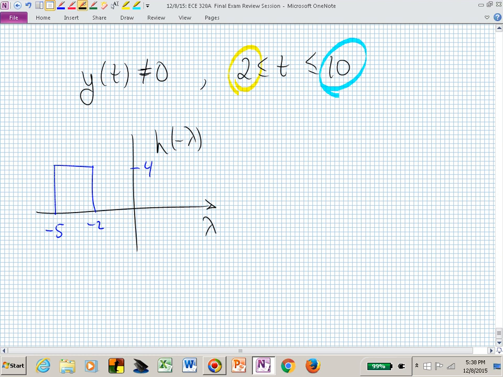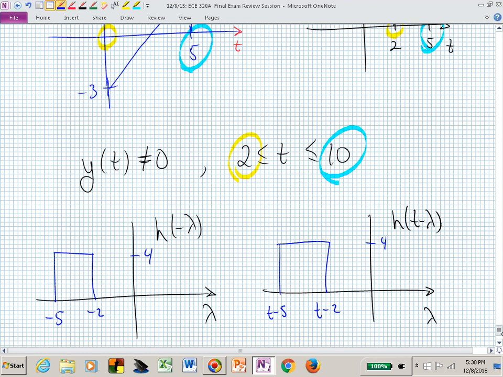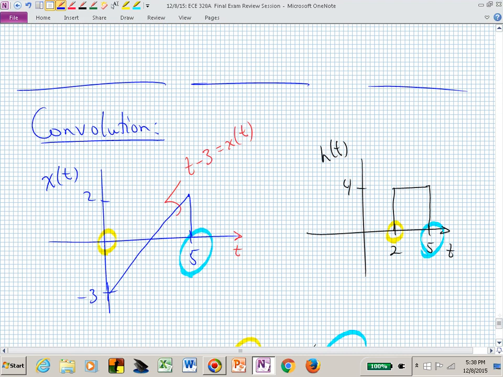If we now want h of t minus lambda, now what do we have? We have the same rectangle, it's just now we have labeled those endpoints slightly differently. Now, when do we have no overlap between h of t minus lambda and x of t?